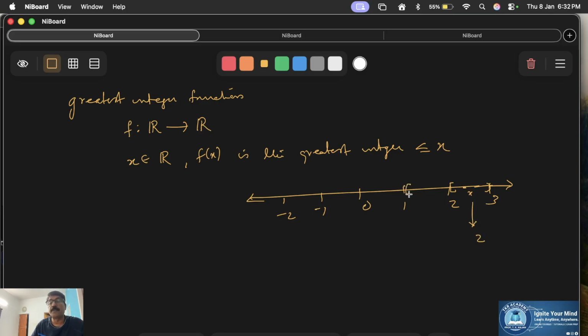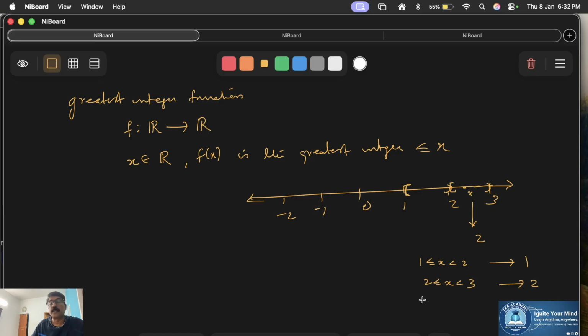From 1 to 2, that is for 1 less than or equal to x less than 2, the function takes the value 1. For 2 less than or equal to x less than 3, it takes the value 2.